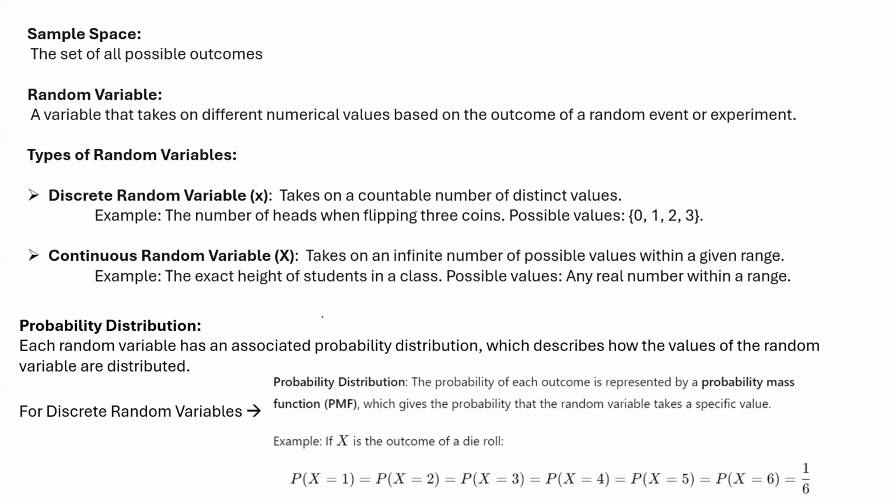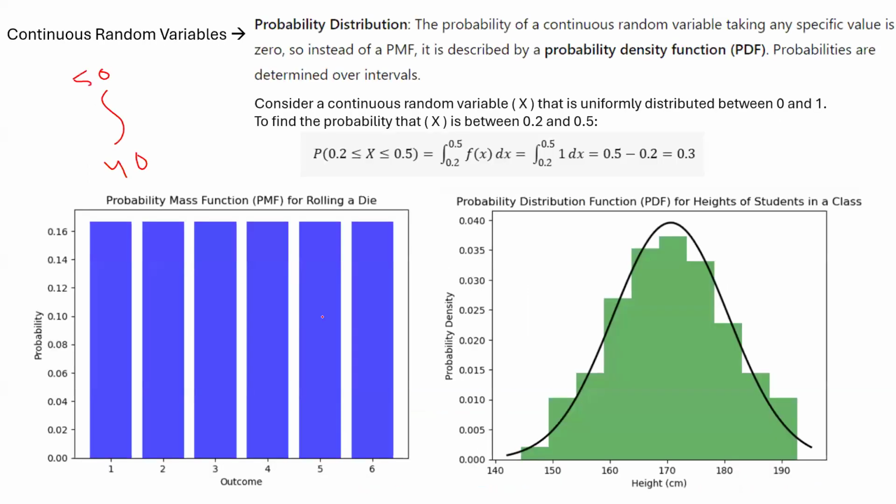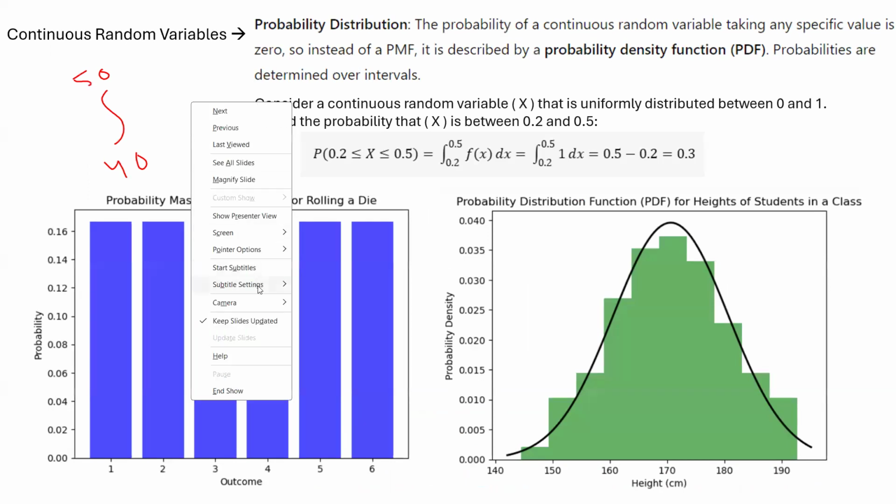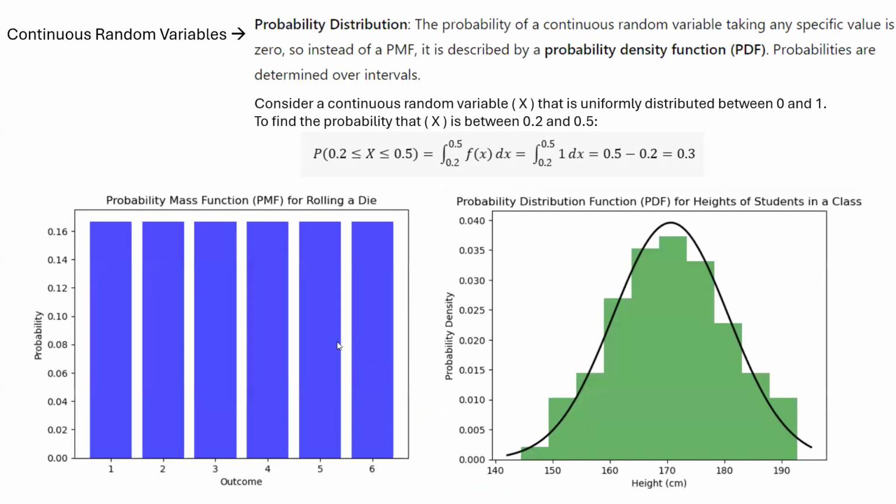Whereas for a continuous random variable, we use another function called probability density function, which is calculated based on ranges instead of discrete values. So if we want to calculate for a particular range, we can integrate the function over that range.